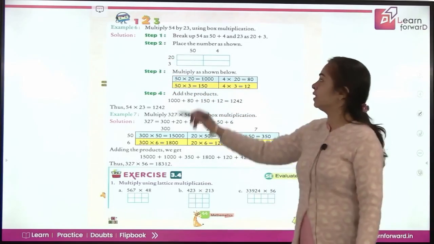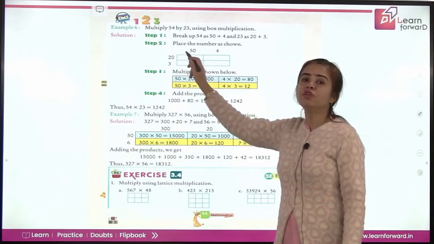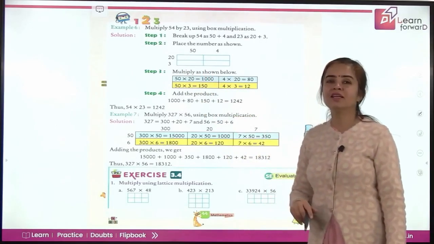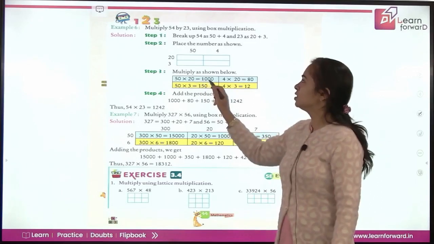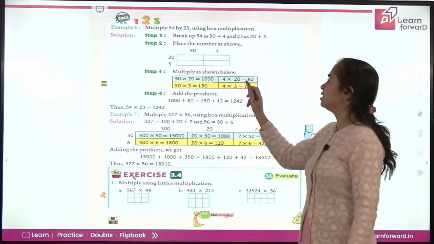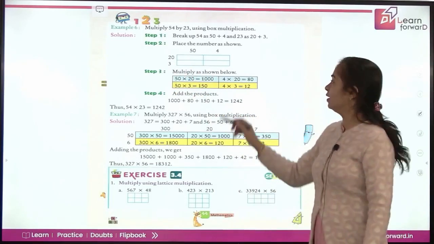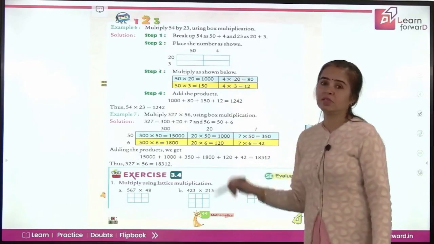Now, multiply them. Which numbers cross here? 50 and 20. So, 50 multiplied by 20 is 1000. Next, 20 multiplied by 4 is 80. Here, 50 times 3 is 150 and 4 times 3 is 12.